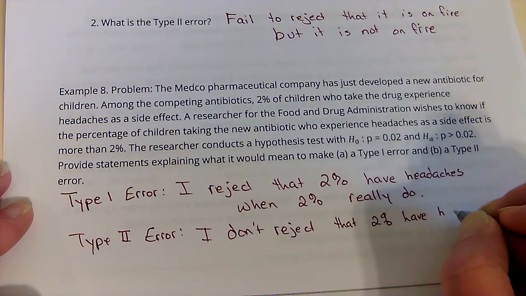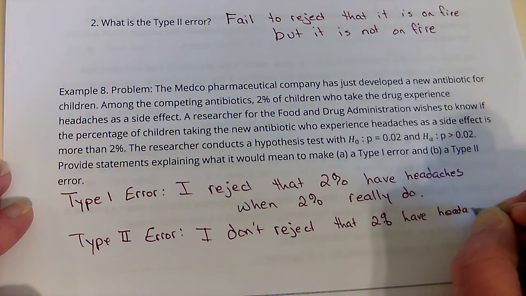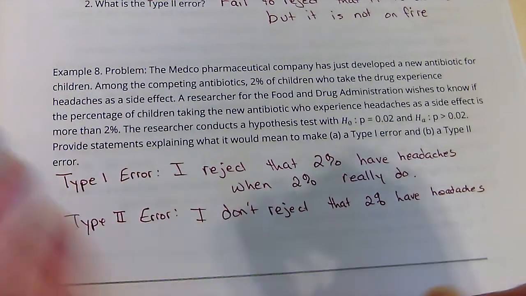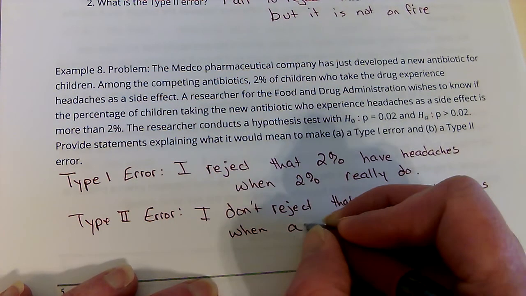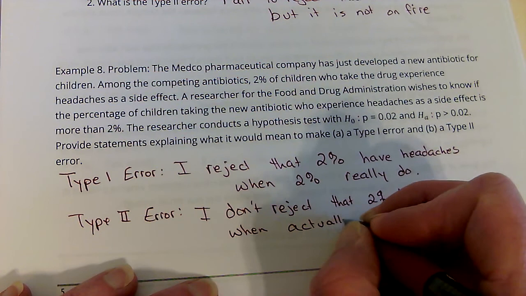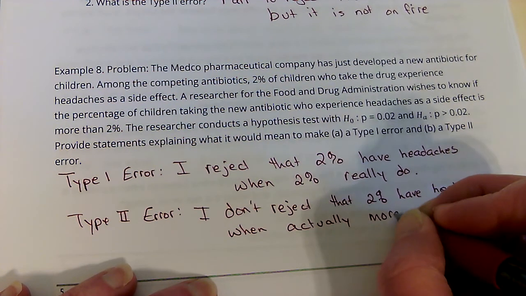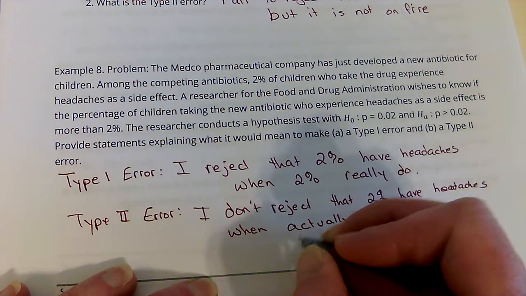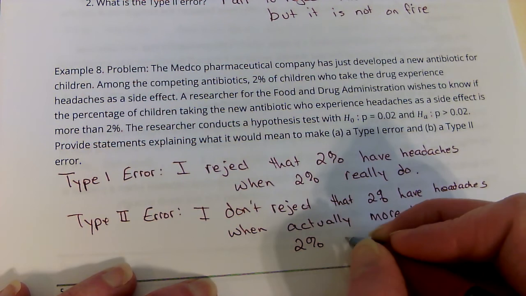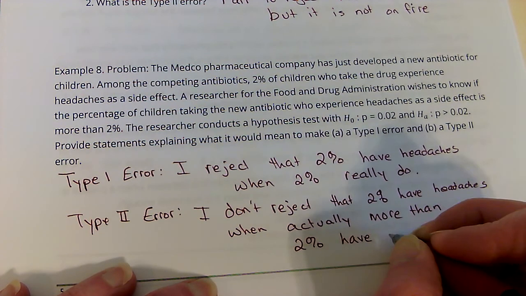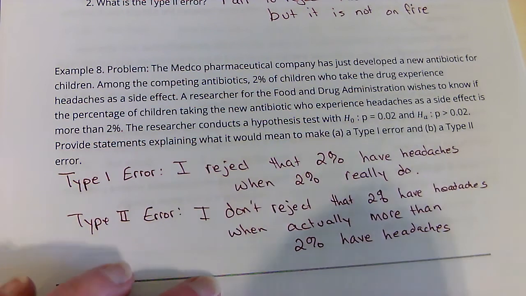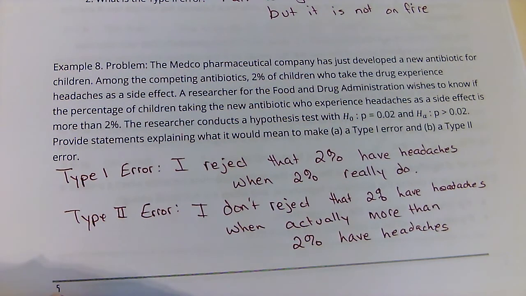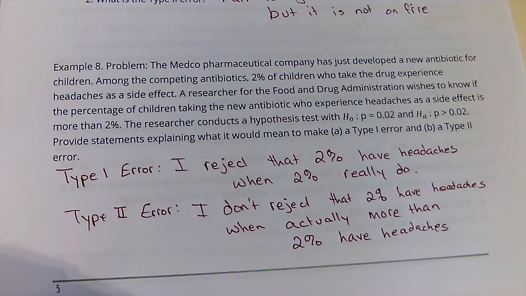In other words, I think it still is 2%, when actually more than 2% have headaches. So type 1 error is I reject the null and I shouldn't have.